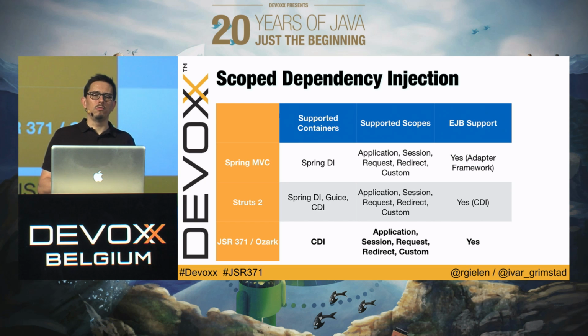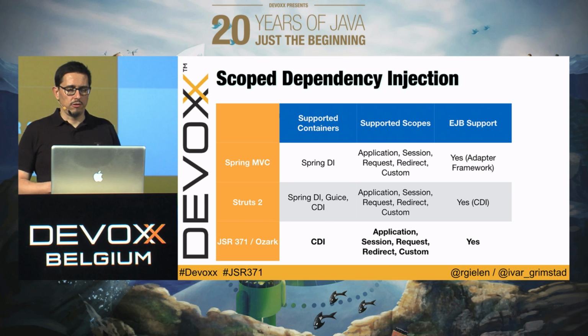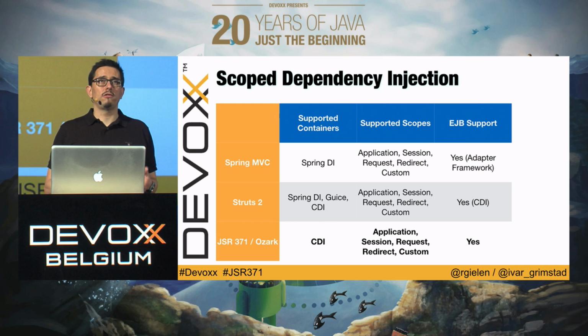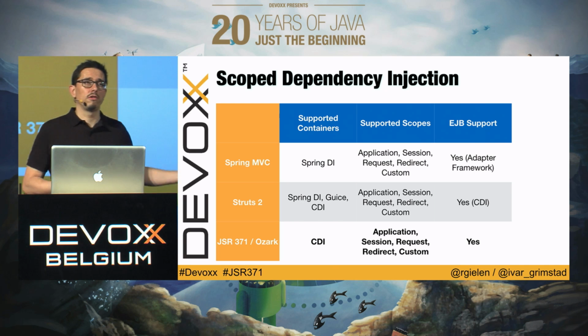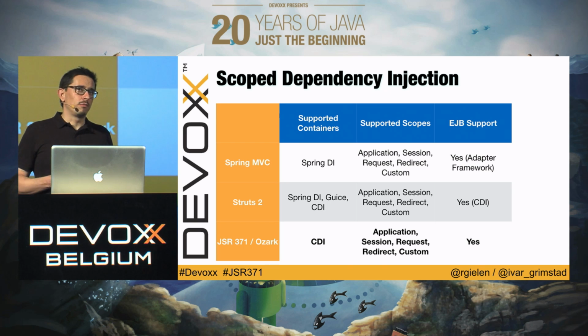Most notably, when you look at Spring MVC and at JSR 371, you will notice that you have to make a decision. So if you're coming from the Spring space, you have to switch over to CDI. But this is not a bad thing. And unfortunately, Spring, I don't think so. They will not switch to CDI in the near future.